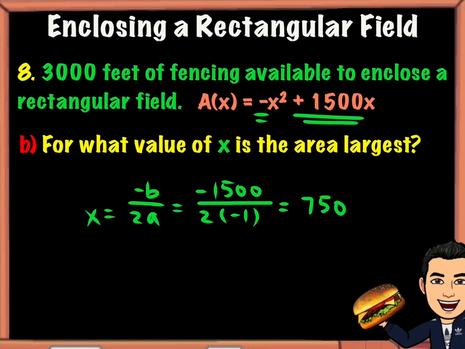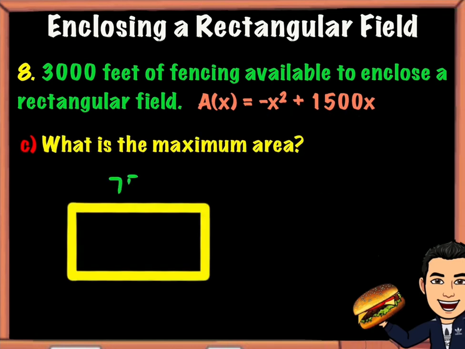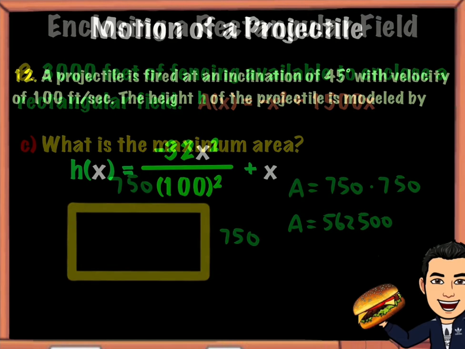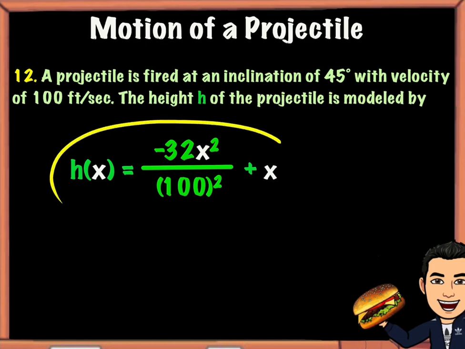So if the length is 750, which means that your width is also going to be 750. So for your maximum area, you're going to have A equals 750 times 750. Your maximum area is going to be 562,500 square feet.